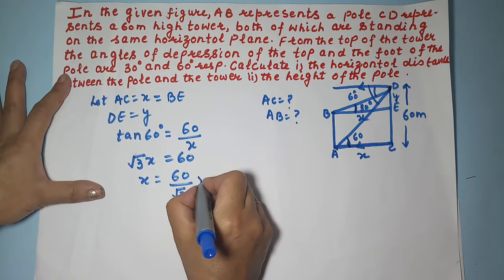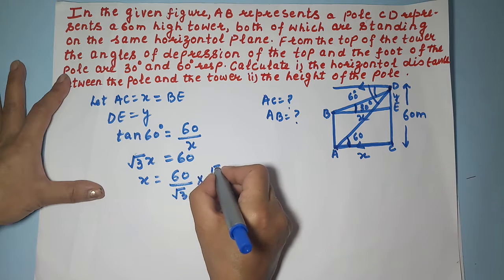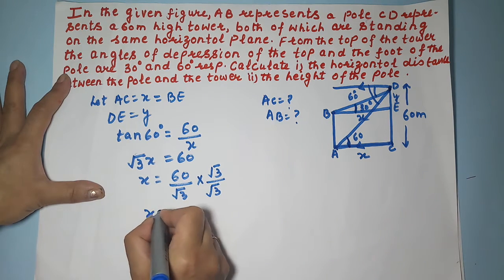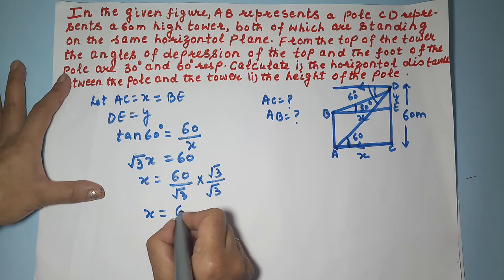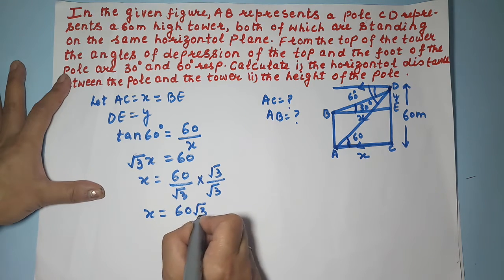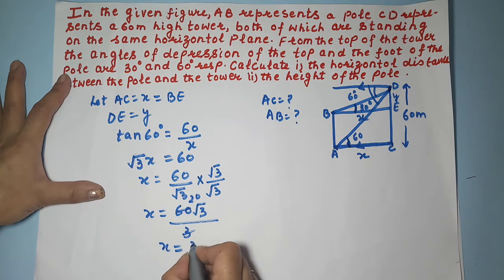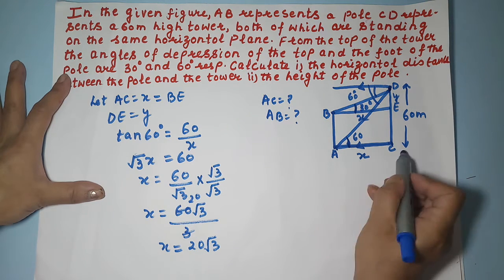You can rationalize this and multiply by root 3 by root 3. So your X is equal to 60 root 3 upon 3. So 3 twenties are 60, so you got your X as 20 root 3. So X is your AC.